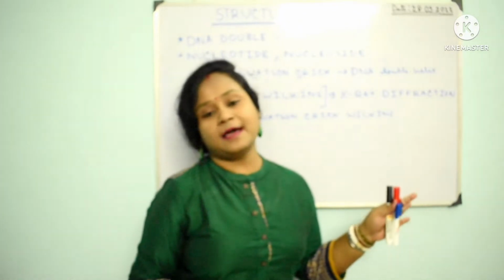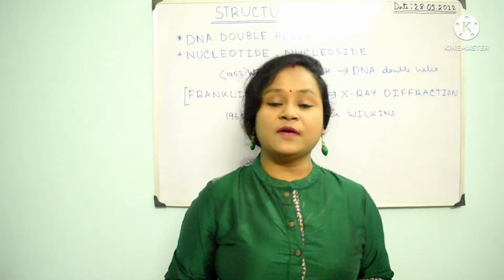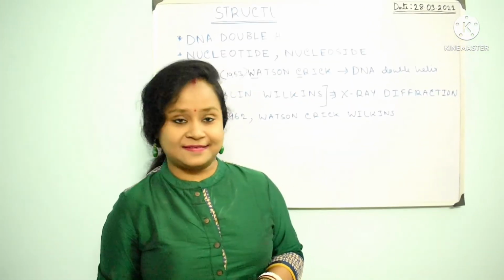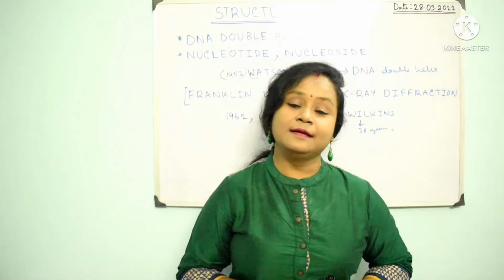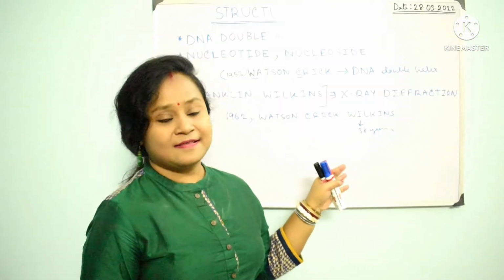Before the Nobel Prize was awarded, Wilkins died because of cancer at the age of 38 years. So prior to discussing the structure of DNA, it was our tribute to those scientists.